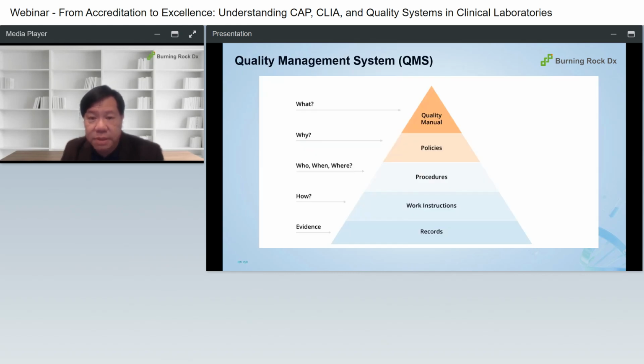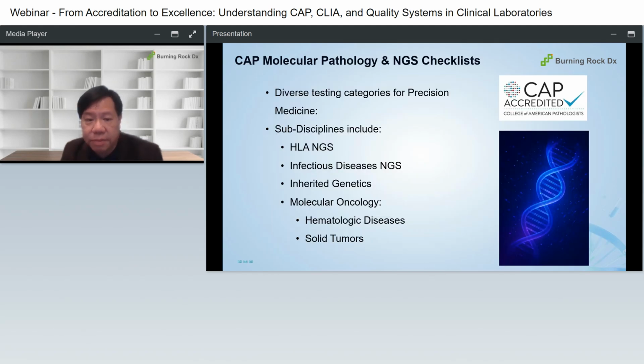And this is basically the quality management system broken down by the high-level quality manual and policy, procedure, work instruction, and record in this tier format.